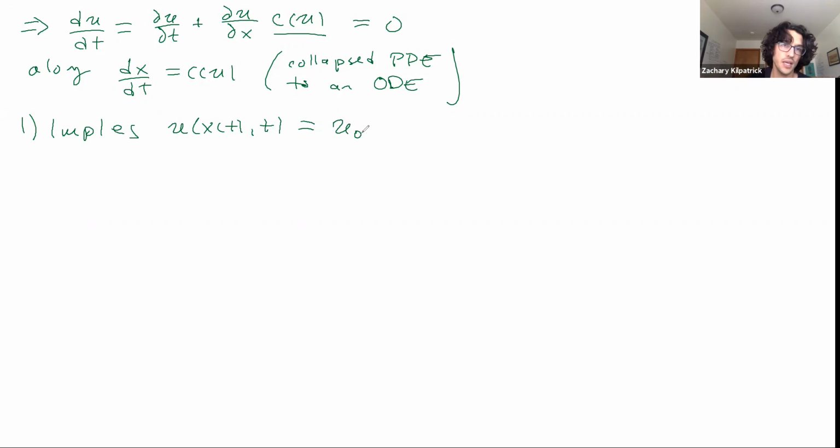Because the ODE du/dt equals 0, the solution of that is a constant, and it's just going to be given by its initial condition.